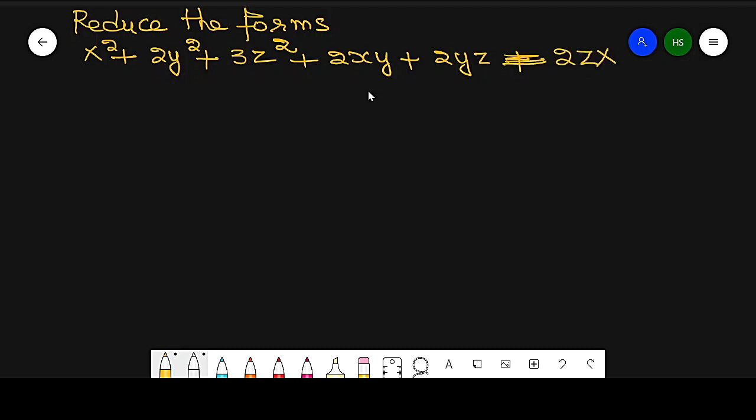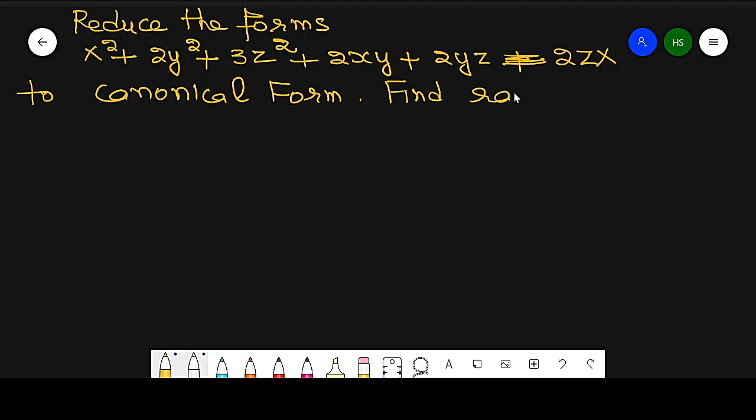So this is a quadratic form. Reduce it to canonical form, and also find the rank and index. This is a very important type and expected for examination.